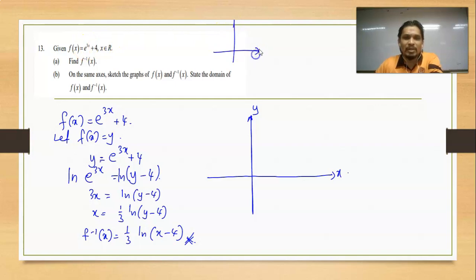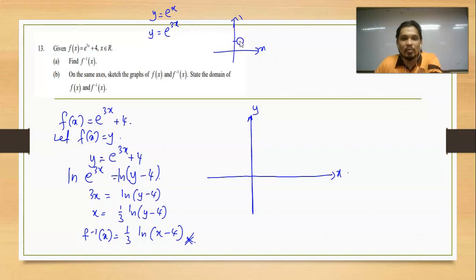Now generally, the difference between y equals e to the x and y equals e to the power of 3x, the shapes are actually the same. When x equals 0, e to the power of 0 equals 1, and 3 times 0 equals 0, so e to the power of 0 is still equal to 1.